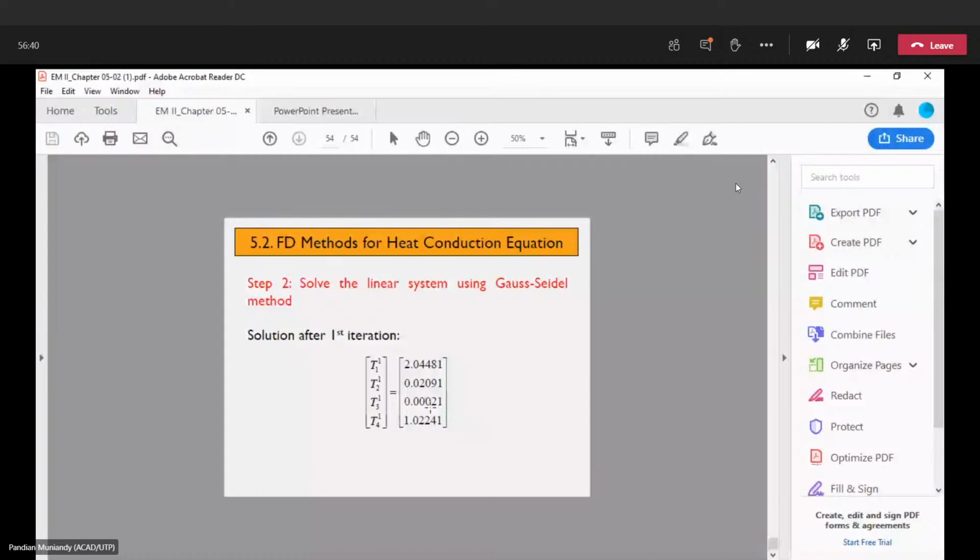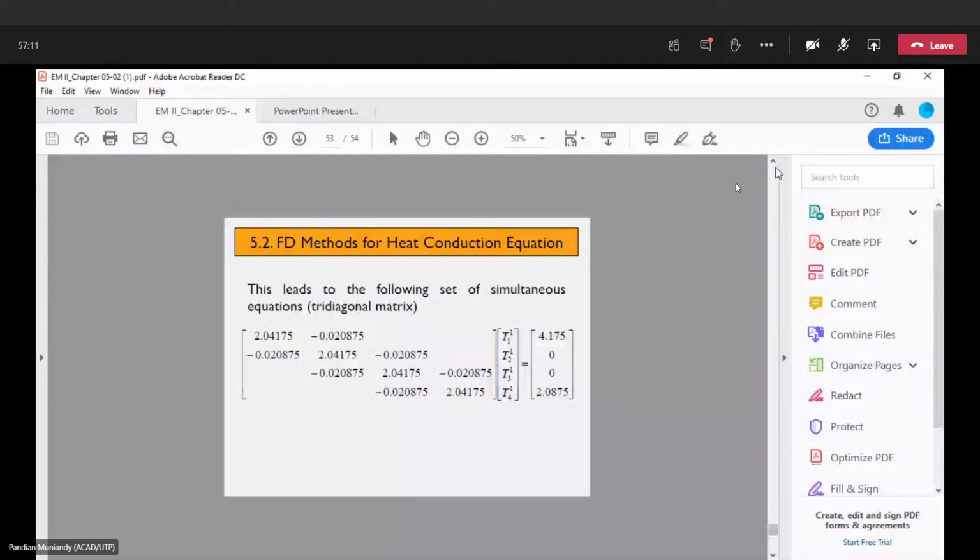So iteration 2, you have to start now. Your T11, using the formula again. Iteration 2, the same system. You use this system.